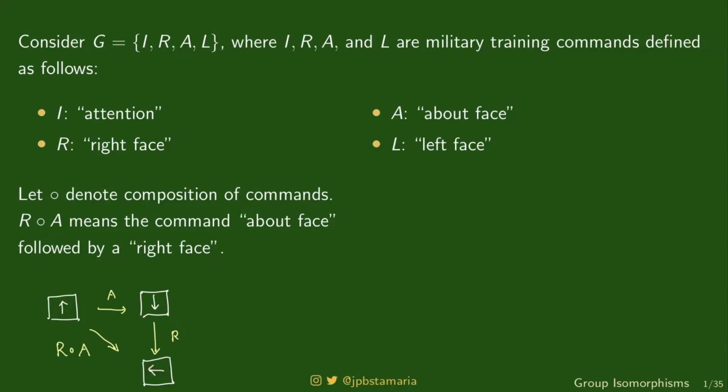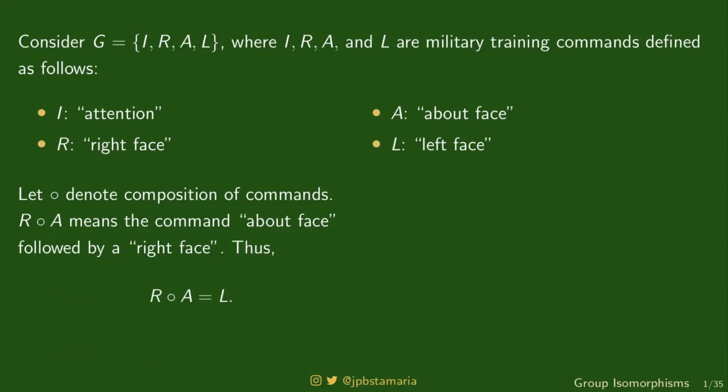So you can therefore say that R circle A is actually a left face command. If an about face was followed by a right face command, in summary, that is just a left face command. So we can say that R circle A, or R times A, is equal to L.